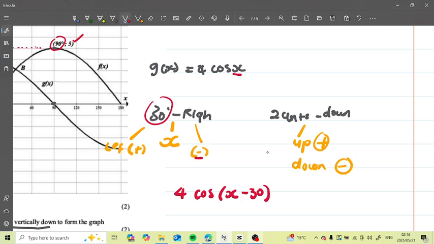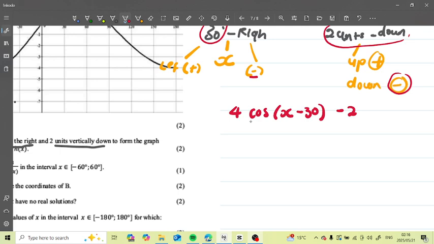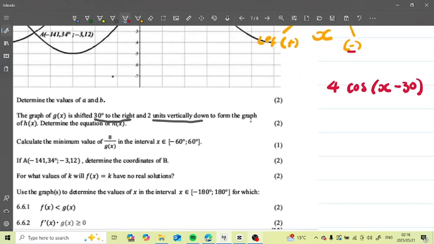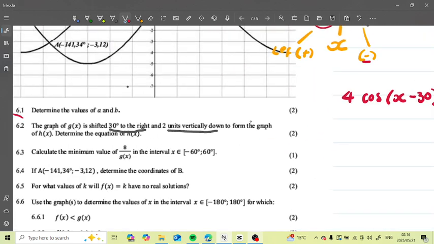And if it's 2 units downwards, we subtract the whole function, so this would be minus 2. This would be my new equation if the g of x graph is shifted 30 units to the right and 2 units downwards.